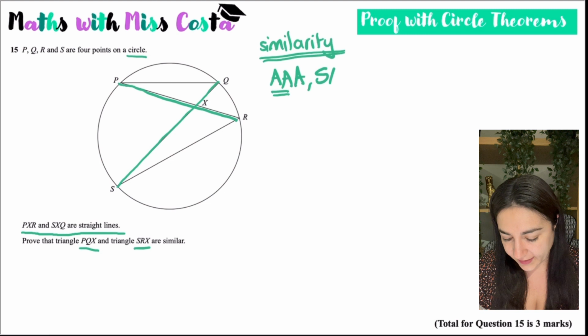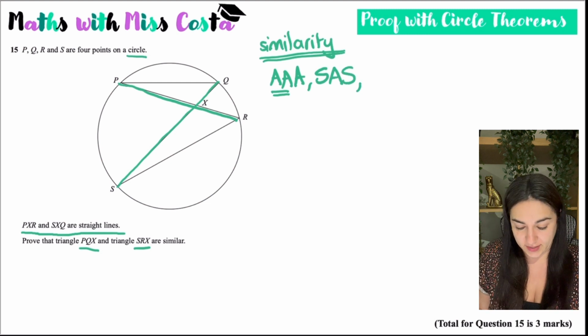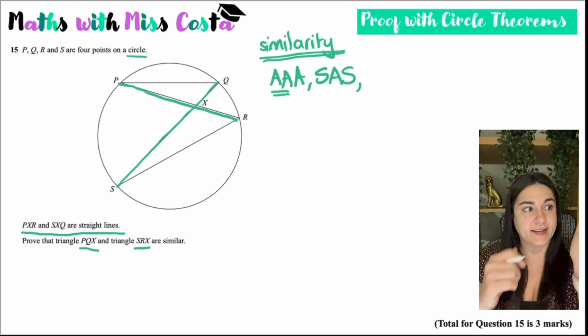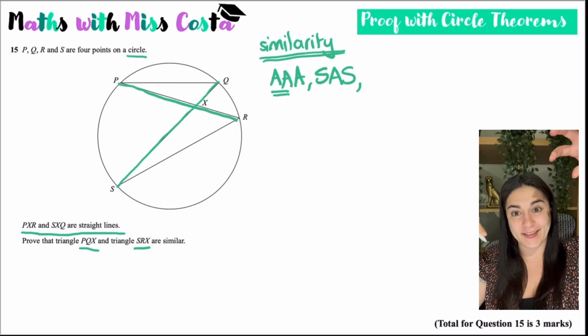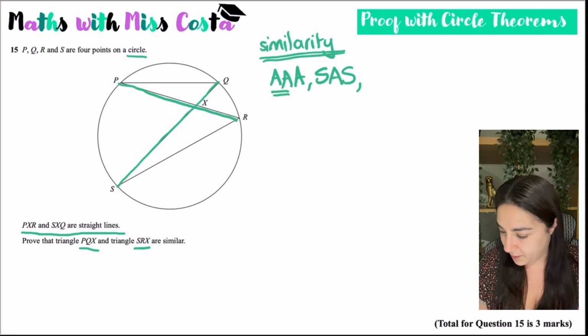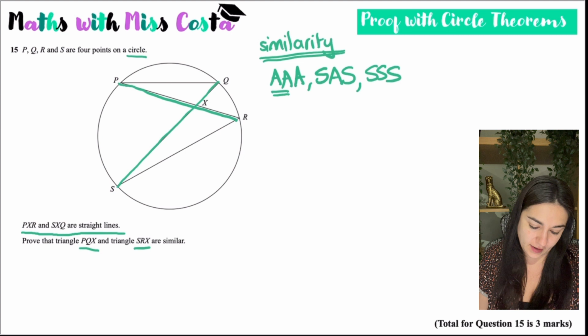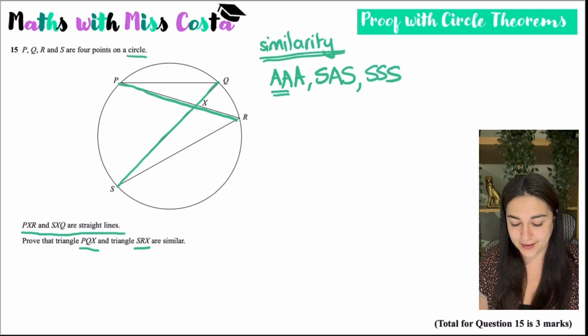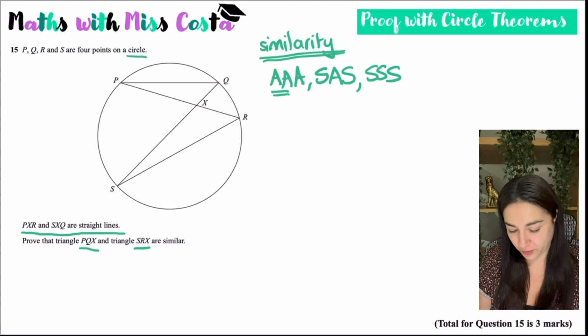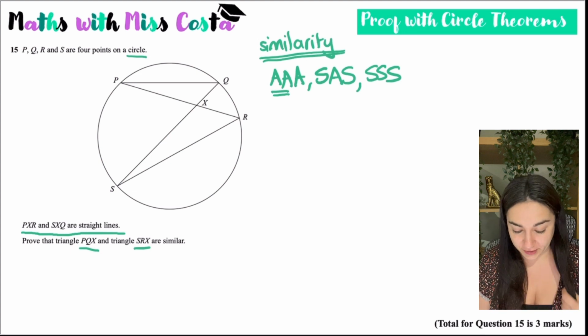Or a side, an angle, and a corresponding side are equal, so the side, the angle and the side and the same corresponding set in the other triangle, or by all 3 sides are equal. So I mean, I'm going to have a guess and say that the best option from this is going to be proving our angles, but let's have a look.